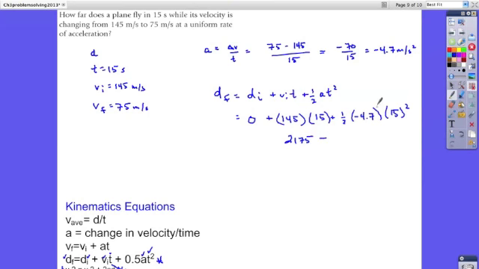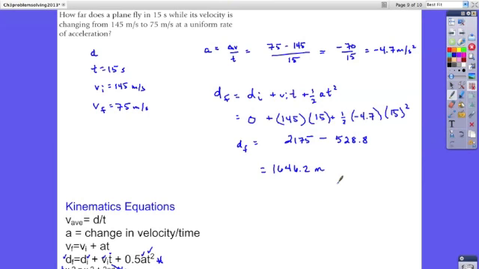I know this is going to be negative because my acceleration is, so 15 squared times 4.7 times 0.5, I get a negative 528.8. So 2175 minus 528.8 is 1646.2 meters. And we're all done.